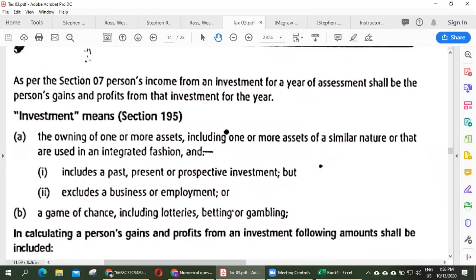Investment income. As per section 7, a person's income from investment for the year of assessment shall be the person's gain and profit from that investment for the year. Employment income means when a person works somewhere else, he is getting some amount of money, so we categorize that under employment income. The second source of income is business.